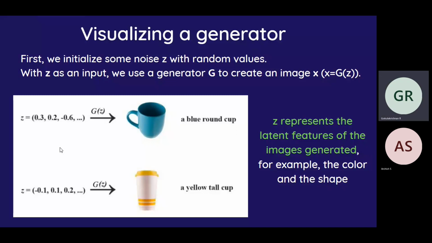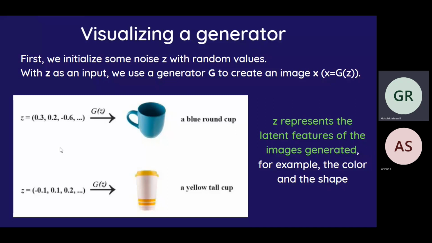So the average of all these numbers is 0, and the standard deviation is 1. Generally, you initialize it to something like that, but they are still random numbers. So what happens is you feed this vector, initialized with random numbers, to your generator. The generator is basically a neural network.